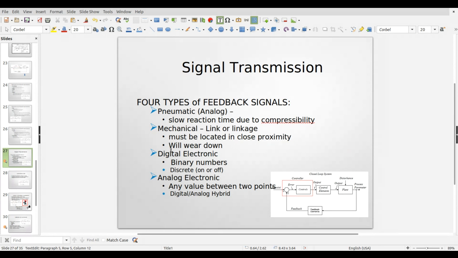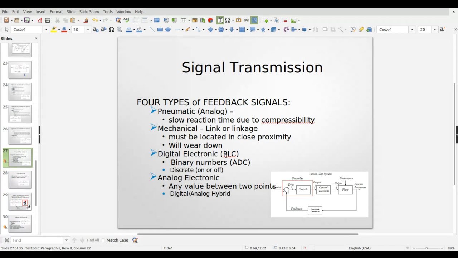Okay. Then we have our digital electronic, which basically for us is our PLC. We have to convert an analog signal into a binary number, which is what the analog to digital converters do.